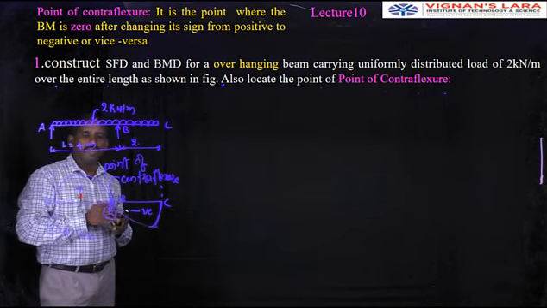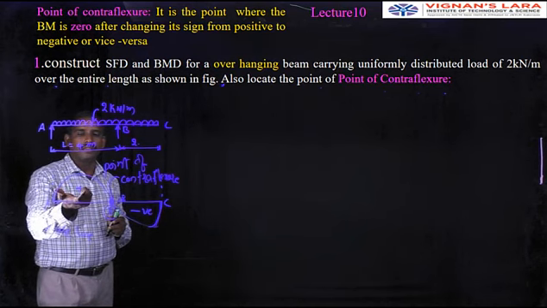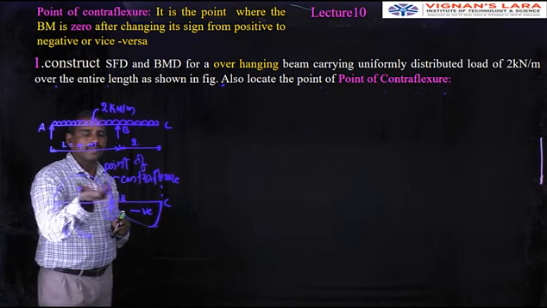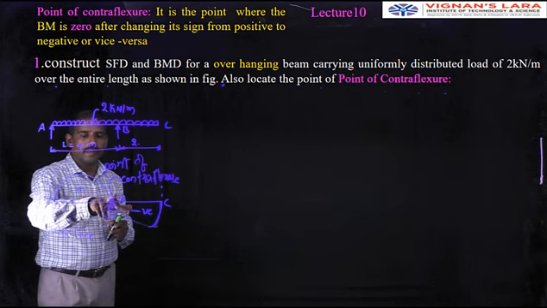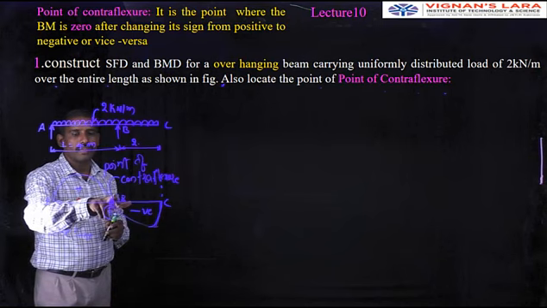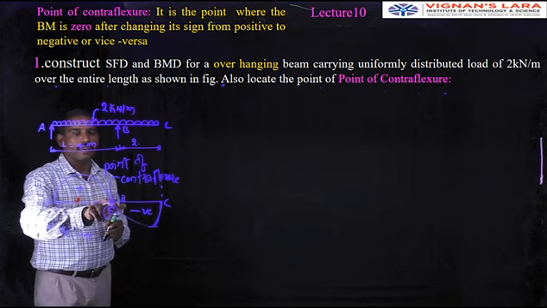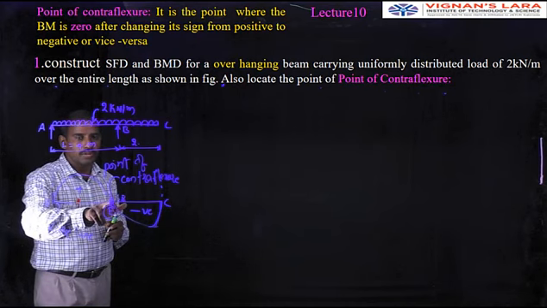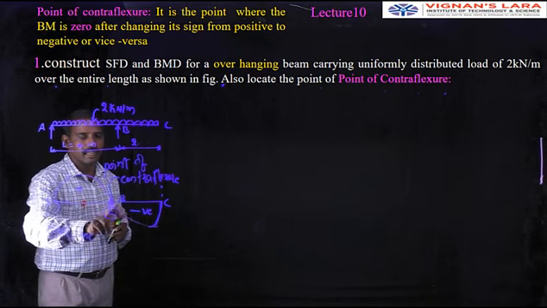Particularly coming to the bending moment, definitely the bending moment varies from positive to negative, and at a particular point the bending moment is zero. So simply that may be defined as the point where the bending moment is zero after changing its sign.